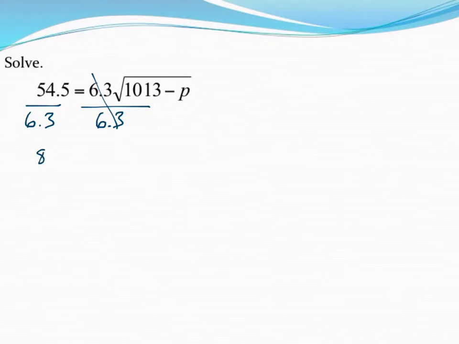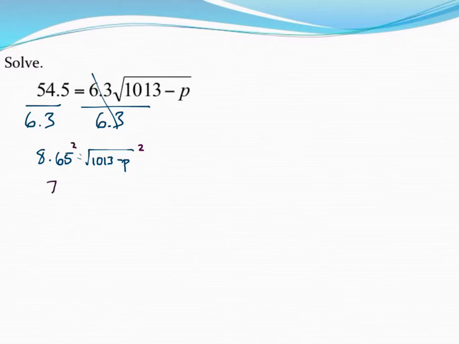So dividing this out, I come up with 8.65, if I round that off, is equal to the square root of 1013 minus p. At this point now, because the square root is isolated, now I can go ahead and square both sides, and I'm squaring since I was dealing with a square root.